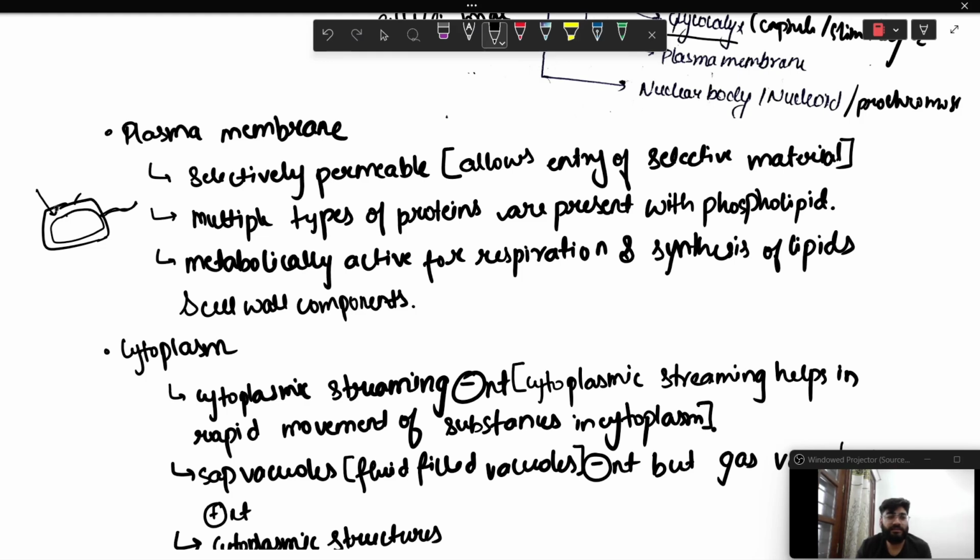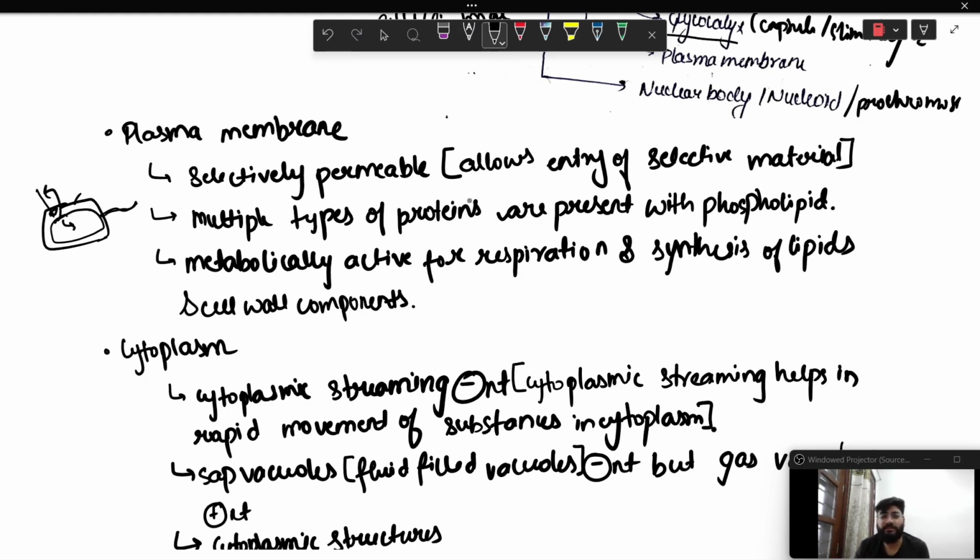Once the material has crossed the cell wall, to go inside the cytoplasm, the cell membrane has to give permission. If it wants to allow that material to come inside, it will allow. If it does not want to, it will not.